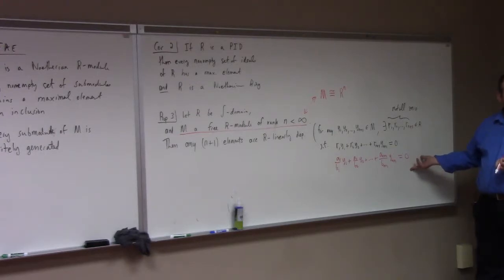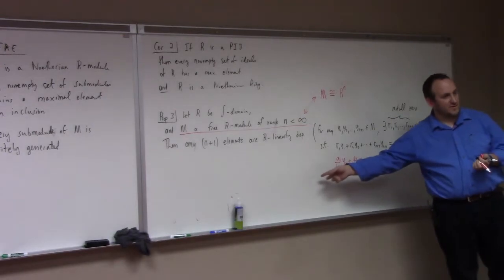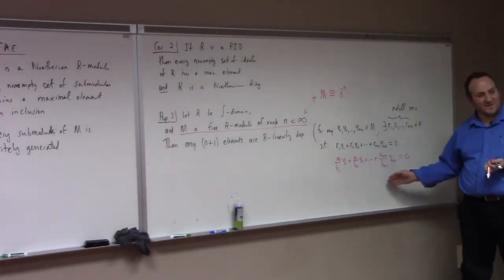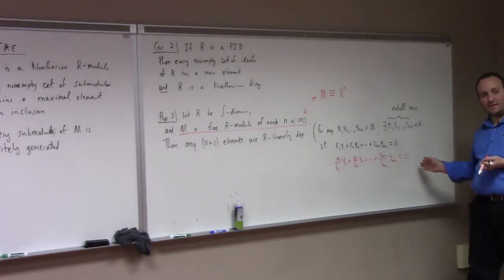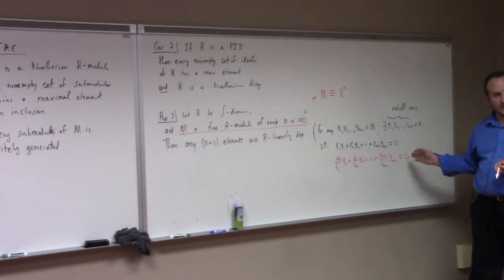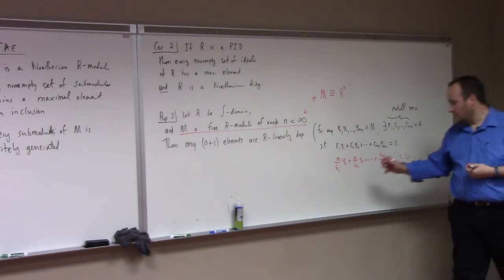He says you could clear out the denominators. What does he mean by that? He means just take this and multiply by the product of all the denominators, and that will give you a corresponding linear dependence in the ring itself, well, in the R module, actually.